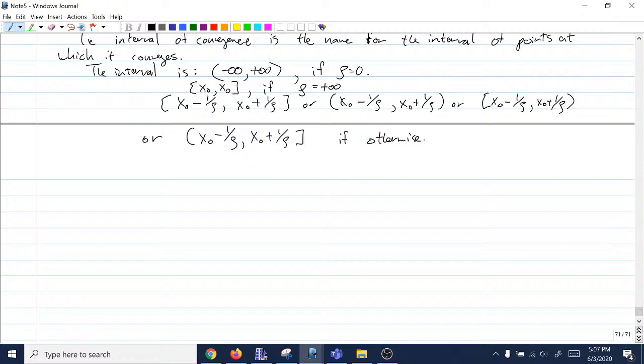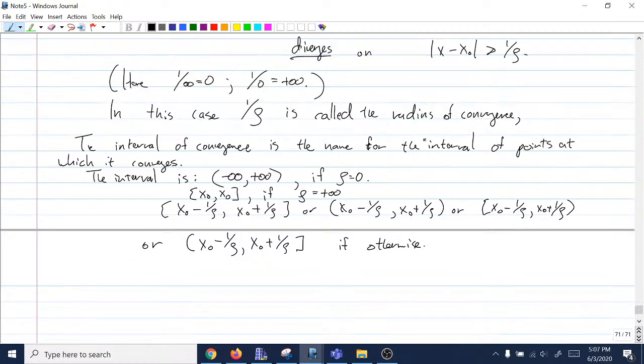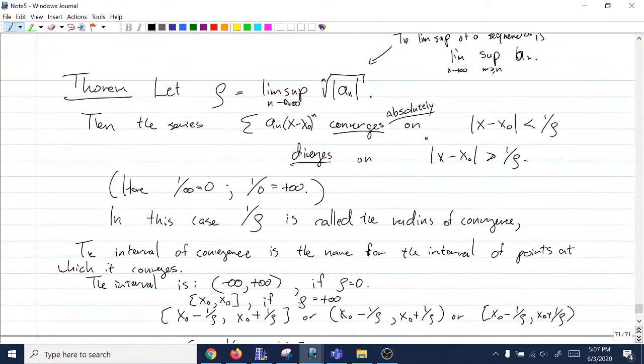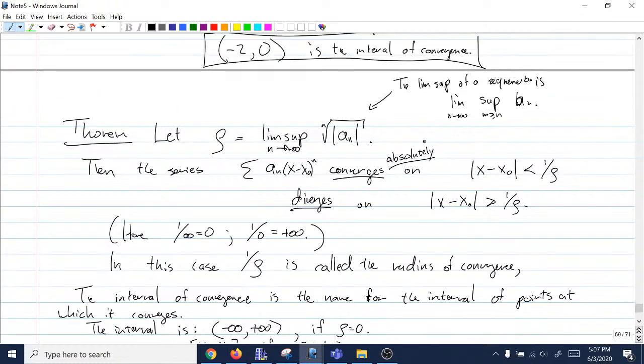Which one it is, you have to figure out by doing these particular tests at the endpoint. And these tests are usually pretty easy versions of the type of problem that we've done before.